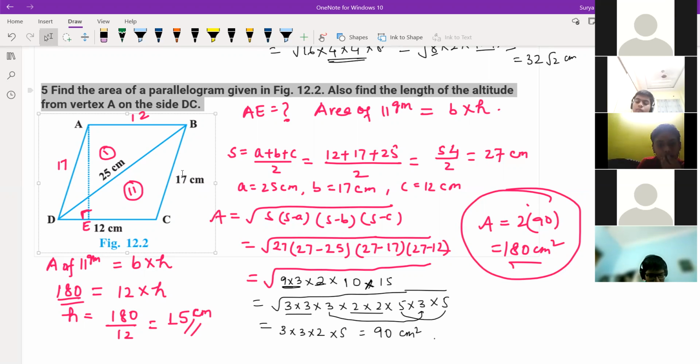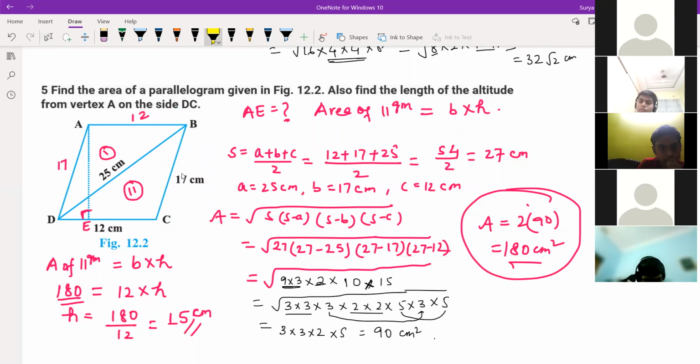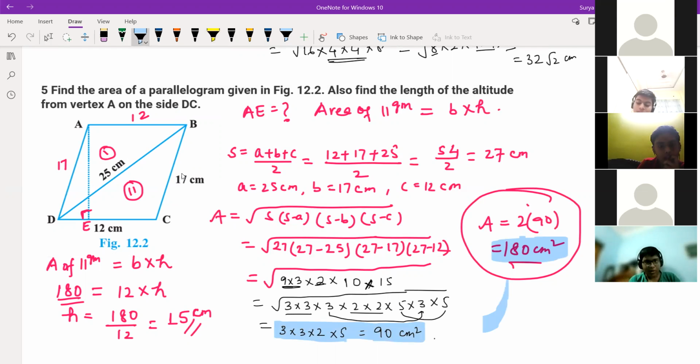First of all, you should find the normal area by the formula, right? So the area of the parallelogram is double of the triangle, right? Area of the parallelogram is what? Double of the triangle, right? So area of parallelogram we understood, right? Area of parallelogram is 3 into 3, 2 into, that is 90 centimeters square. And then 180 is what? Double of this, because this parallelogram, this triangle is divided into 2 equal halves, right, Pulastya?